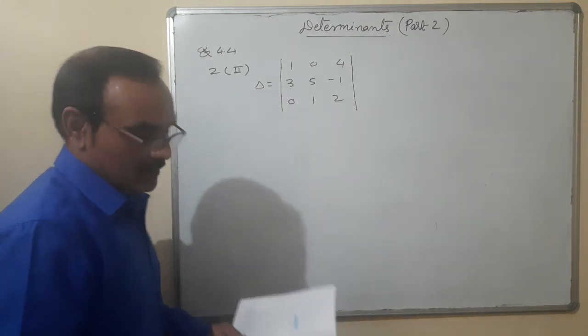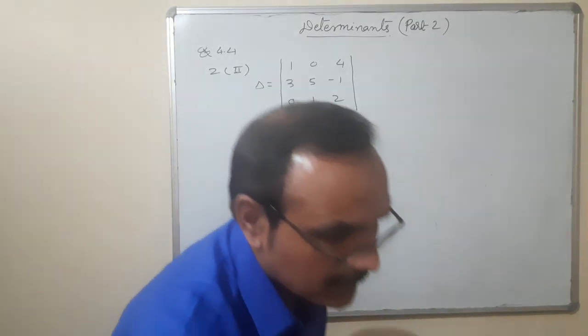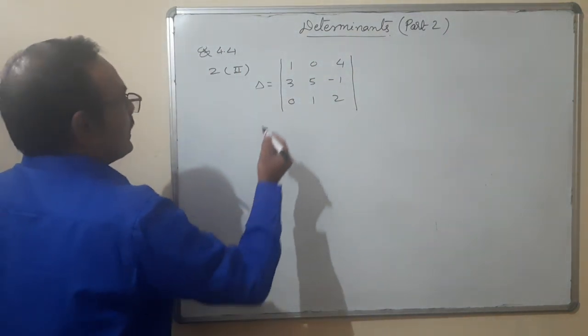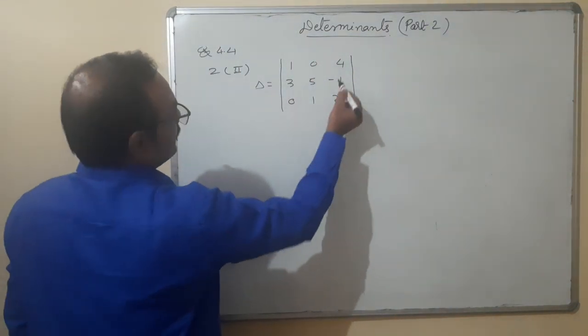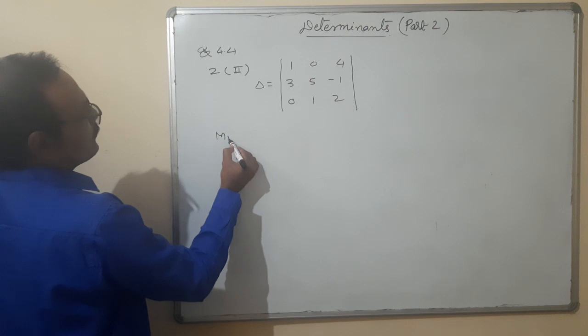So we are going to find the minors and cofactors. Okay. Minors. It is 3 cross 3. M11.